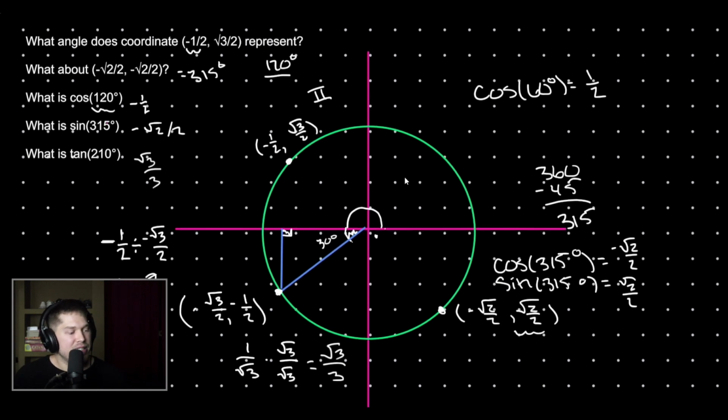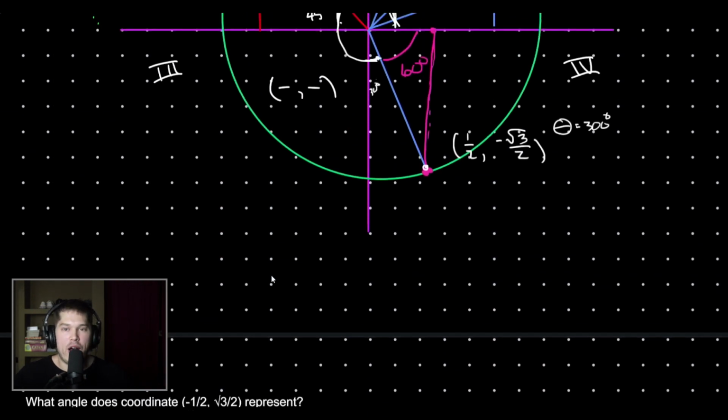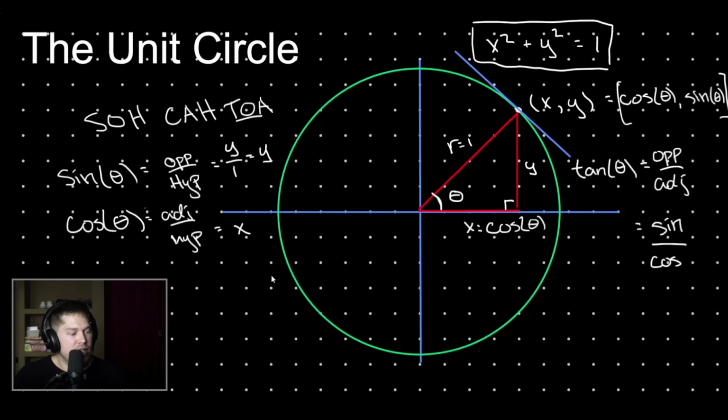All right, excellent. Let's do a quick recap. I feel like we covered quite a bit for this video. In the next video, we'll talk about how to go from degrees to radians. So stay tuned for that. But as a quick recap, we learned what the unit circle is. It's simply a circle with a radius of 1. The equation for said circle is x squared plus y squared equals 1.